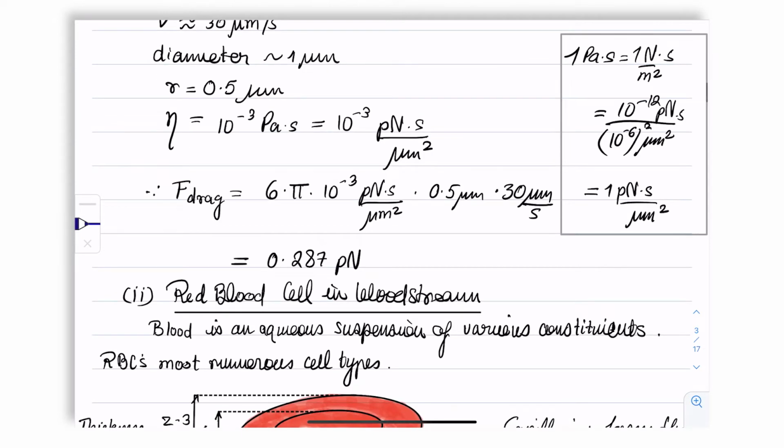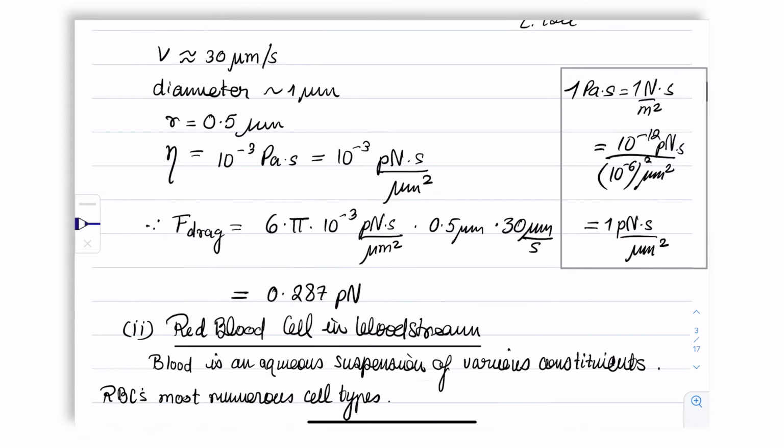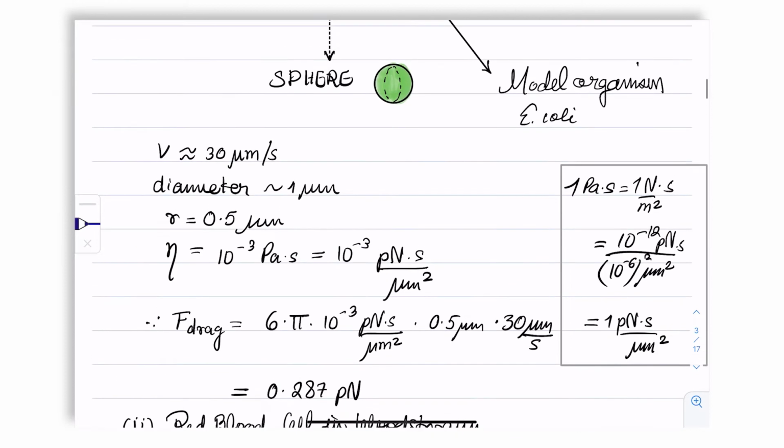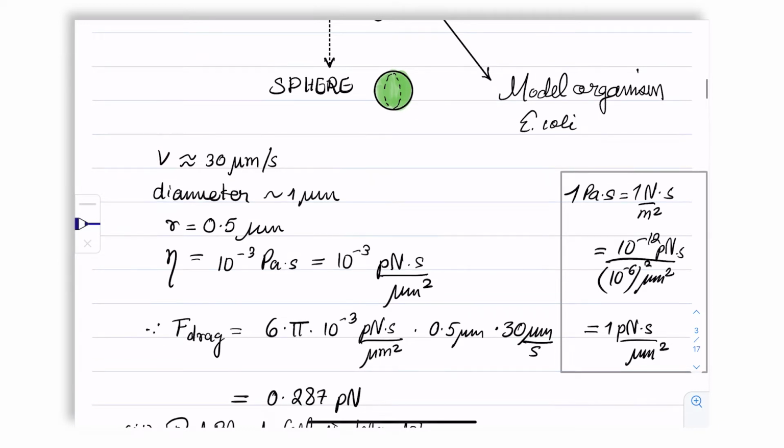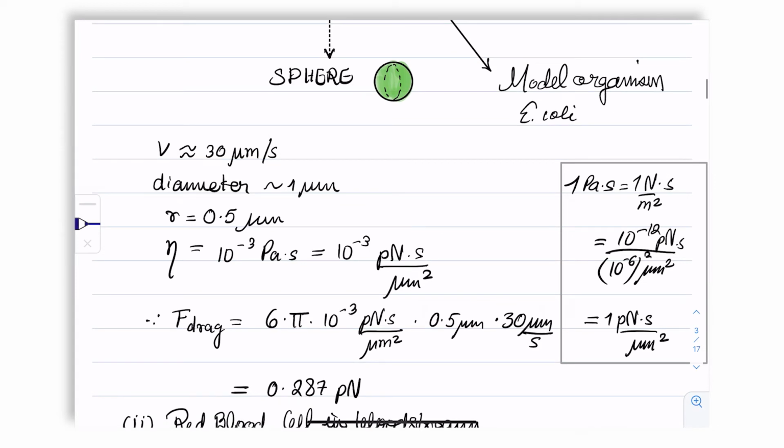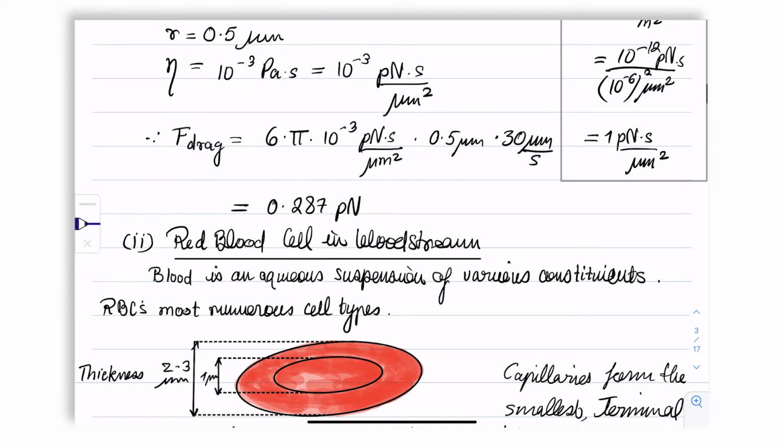That is the force experienced by a cell. Now, if you don't know anything else, it's a little unnerving to think, what does this mean? What does 0.287 piconewton mean? Let's say rounding off, 0.3 piconewton. We'll see in a minute, because everything will depend on the motile force against which this thing is acting, right? The drag force, in active motility.